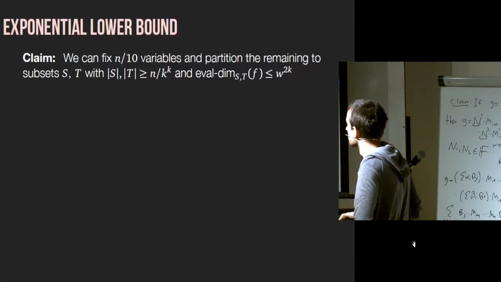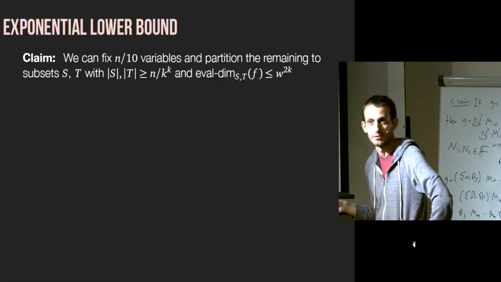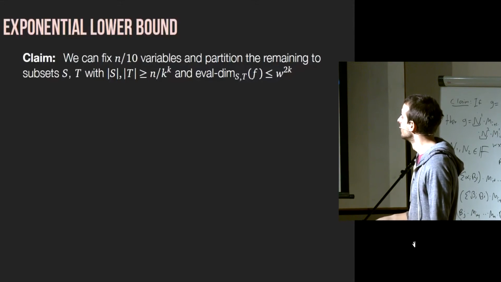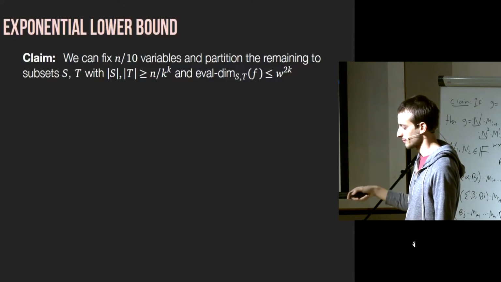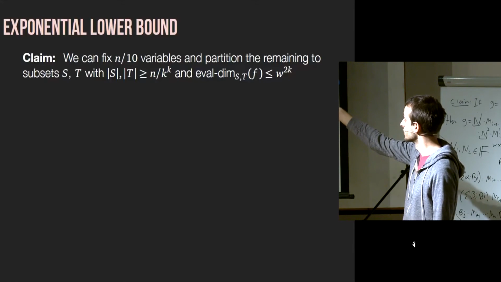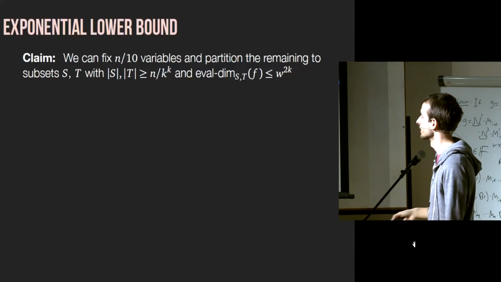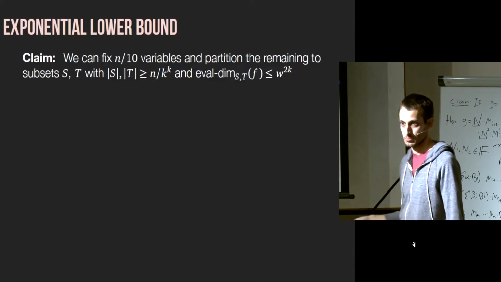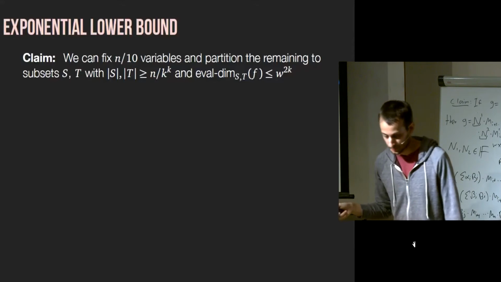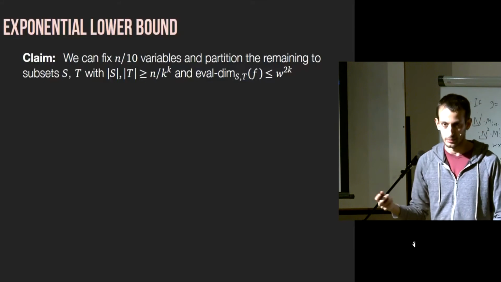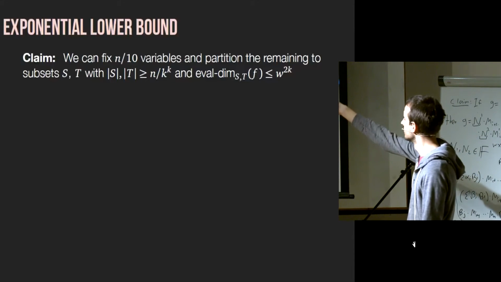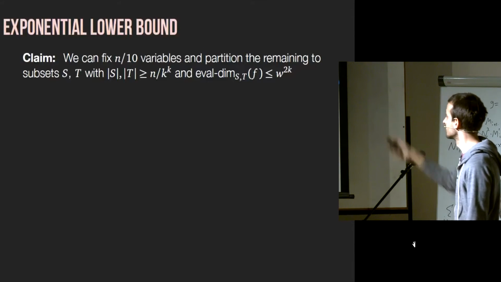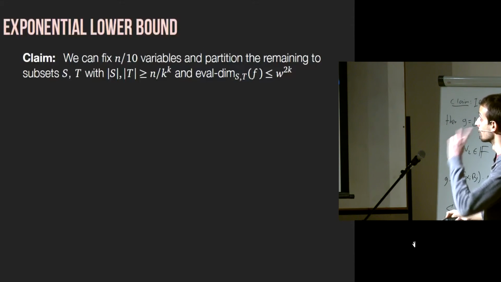So here's the claim that I want to show, that I can fix a very small number of variables, something like n over 10, and then I can partition the remaining variables into some subsets S and T, which are pretty large. Each of them is at least n over k to the k, and the evaluation dimension will be small. This is not exactly what I said earlier, because now I'm fixing these variables, and I want this robustness property that S and T are large, but the evaluation dimension is small.